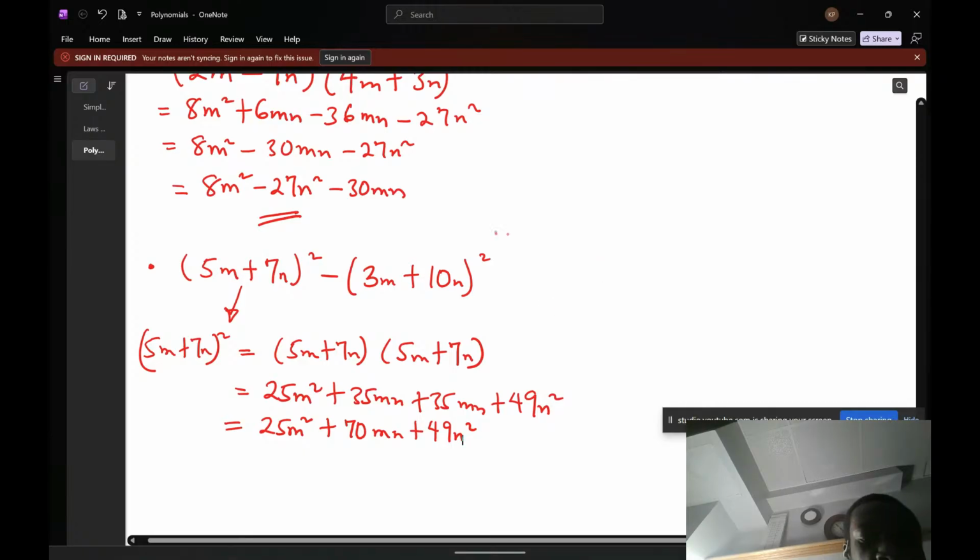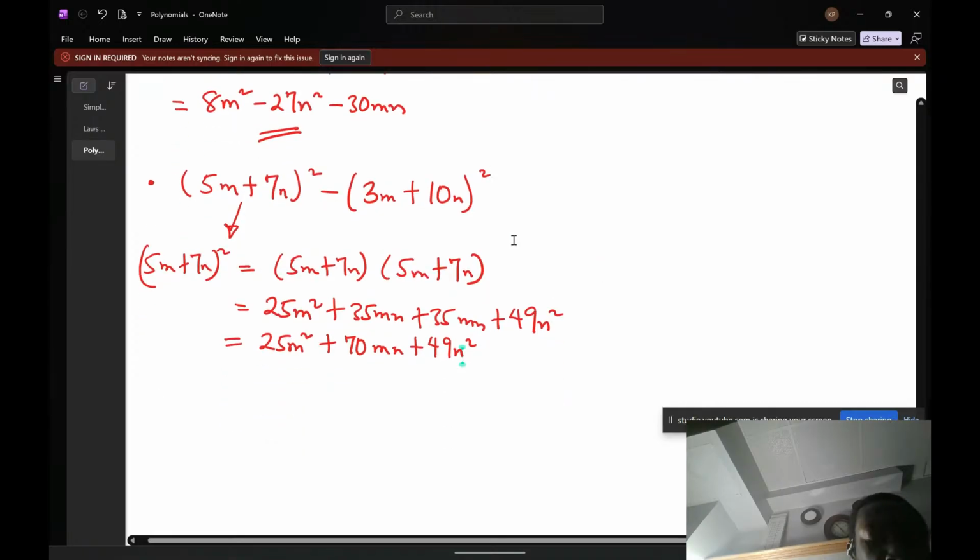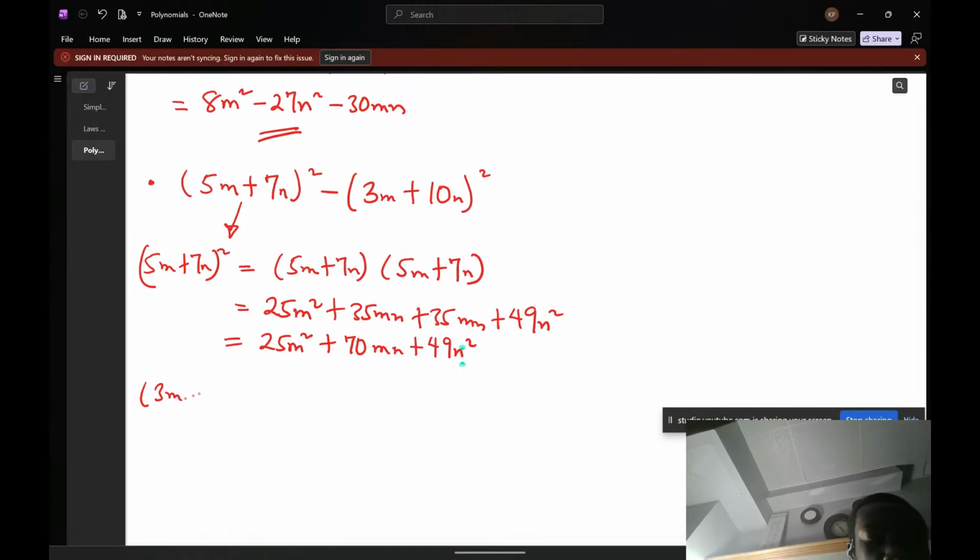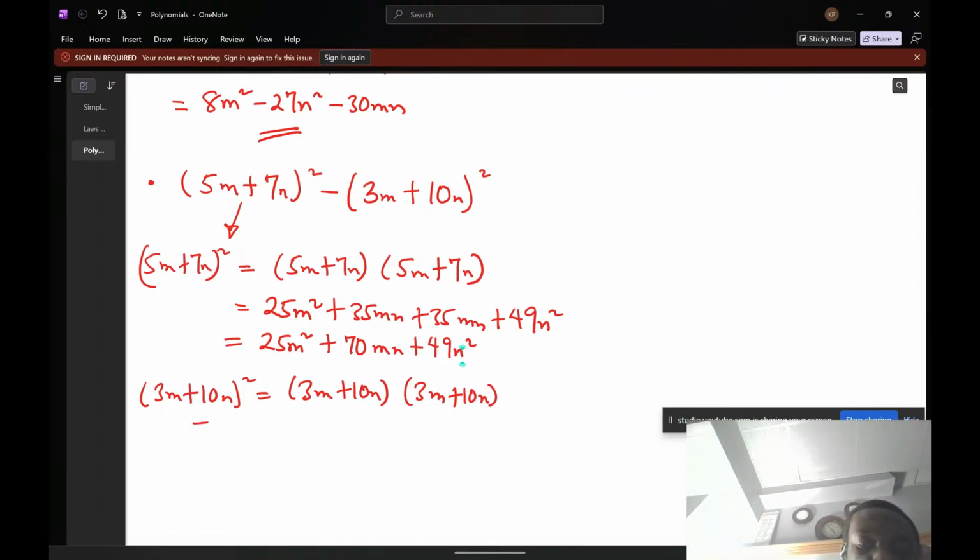So now let's do 3m plus 10n all squared. So 3m times 3m will give us 9m squared. 3m times 10n will give us plus 30mn.